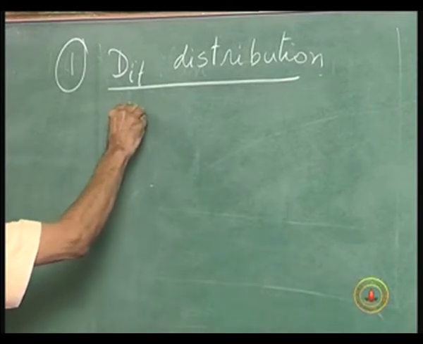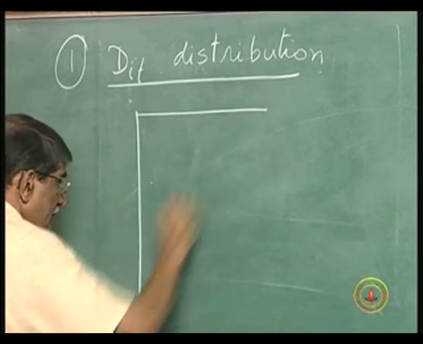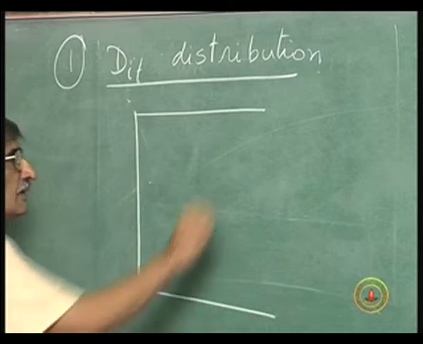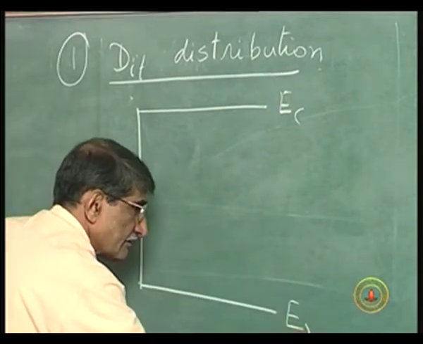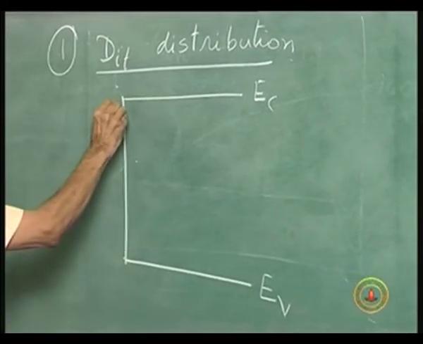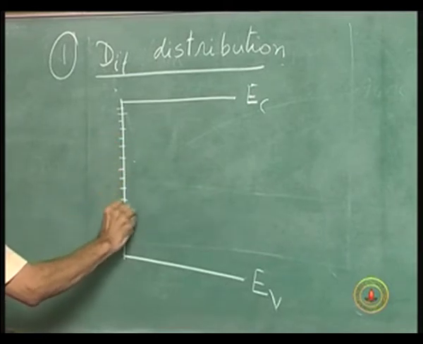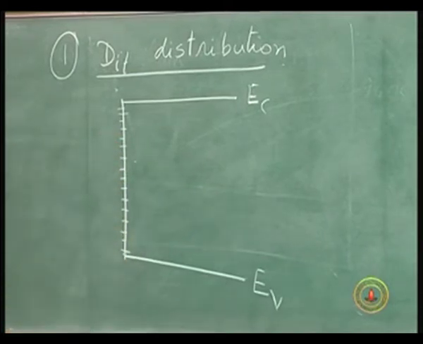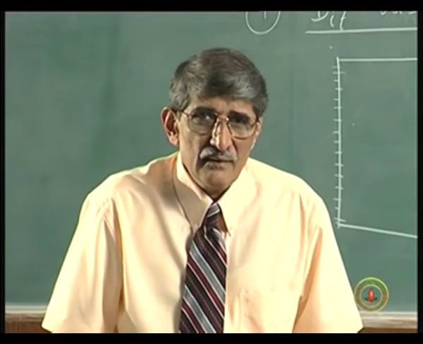We said on the surface, this is EC and this is EV. What we said is this interface density will be distributed all over the band gap, okay.